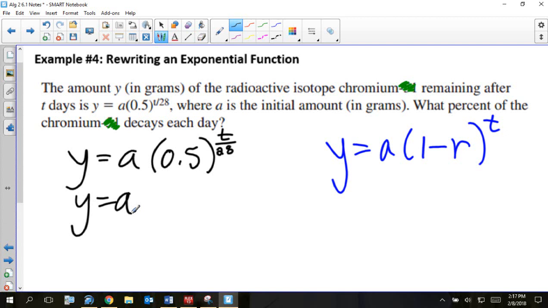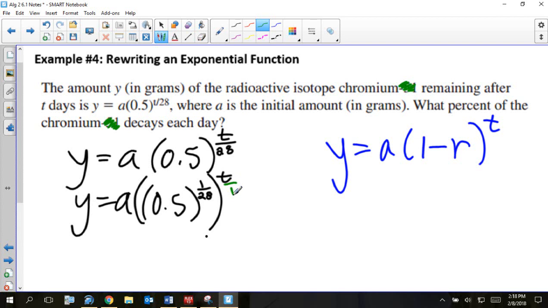You have to rewrite it as 0.5 to the 1/28 power, and then that to the t, or t over 1 power. We were going over exponent rules in our last chapter, so now we can apply that. If you're not sure that's correct, put the t over 1 and multiply it back, and you'll see it equals t over 28. So you have to unmultiply it so t is by itself.